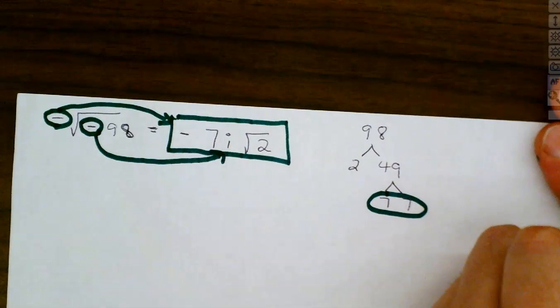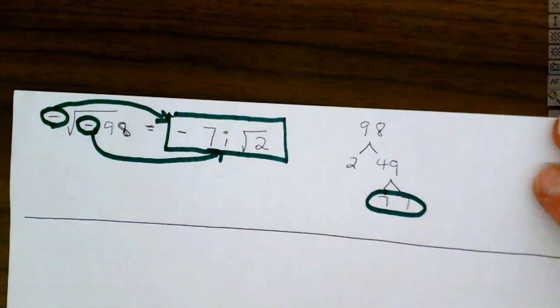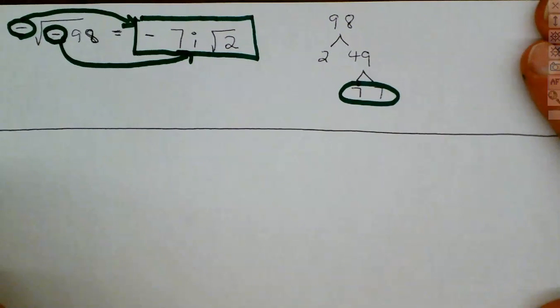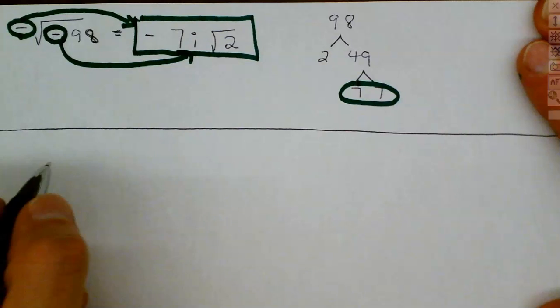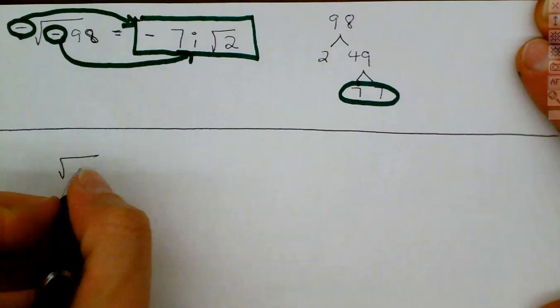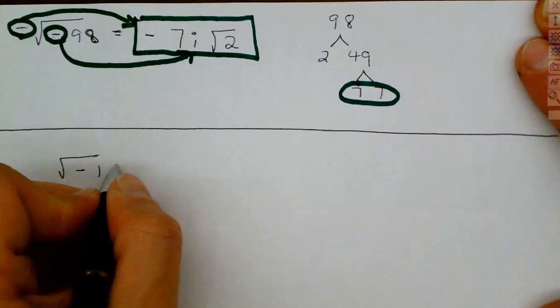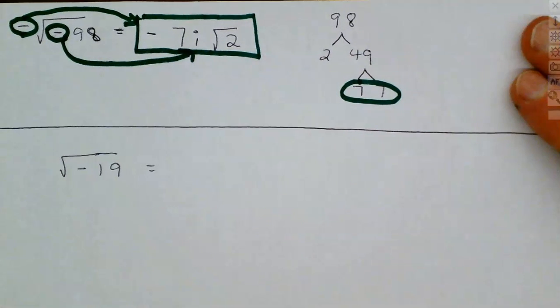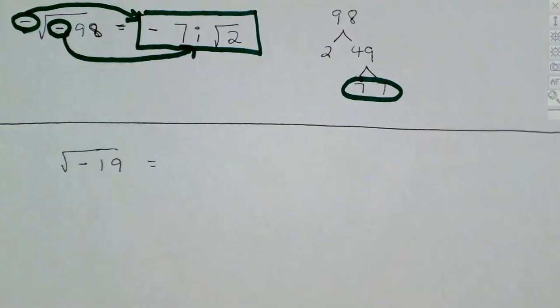Let's try another one. In some cases, they may not break down at all. Some of these may not be able to be broken down. So let's try this one. And this can happen: negative 19. If I try to break down 19, now 19 has nothing in it.